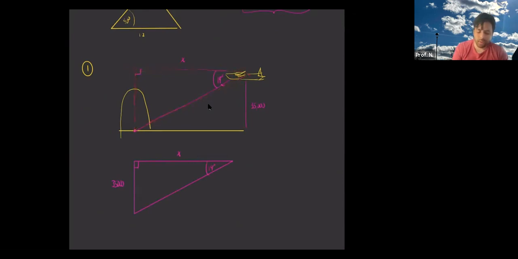Now what trig function relates the angle, the opposite side, and the adjacent side? It's tan. Tan of 19 degrees equals the opposite side, which is 35,000, all over x. Then you can cross multiply. You multiply by x on both sides because I want to get x.